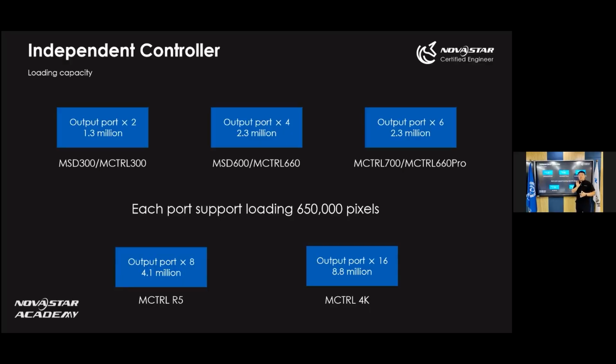So you just need to know that for the independent controllers, the loading capacity is not determined by how many outputs you have. It's related to the video source input. So this is very important. For example, MCTRL 4K supports loading 8.8 million pixels.